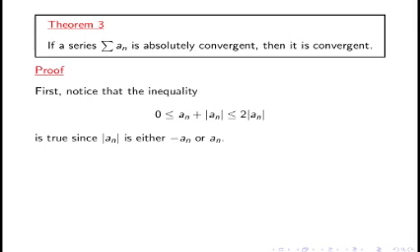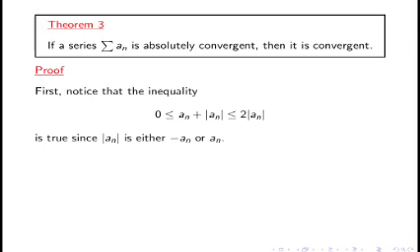Well, a_n is either positive or negative or 0. If a_n is 0, then the absolute value of a_n is 0. Then that inequality is essentially saying 0 equals 0 equals 0. If a_n is not 0, then it's either positive or negative.